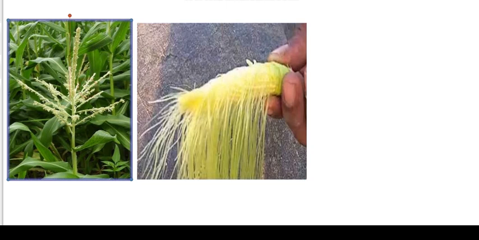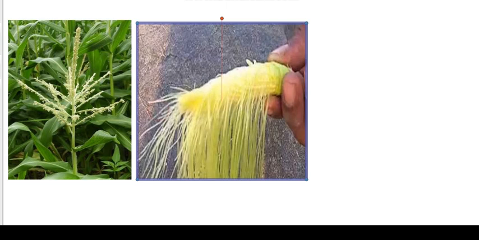Now, in the case of corn, the flowers are in groups called inflorescence. So the inflorescence at the top of the corn or maize plant is the staminate inflorescence, while the one at the side of the plant is the pistillate flowers.